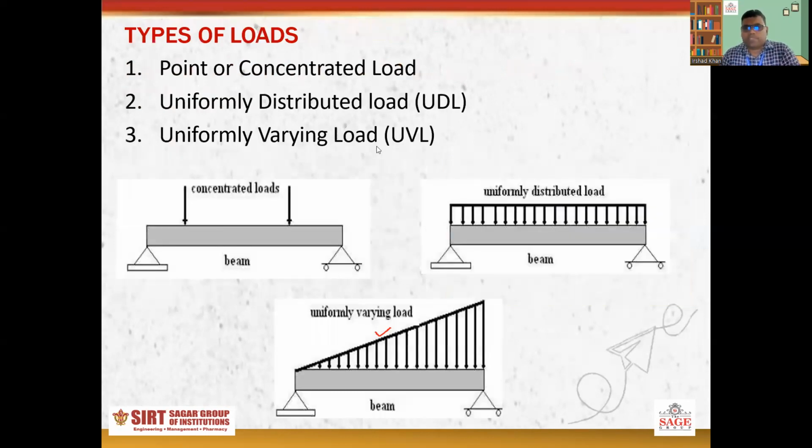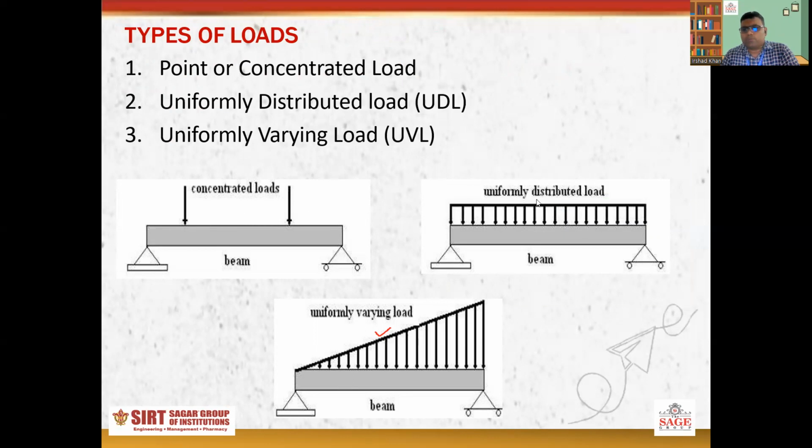Next is types of load, and here we will discuss only three types: the point or concentrated load, uniformly distributed load, and uniformly varying load. Concentrated load: when the load is acting on a single point of the beam, that is called concentrated load.